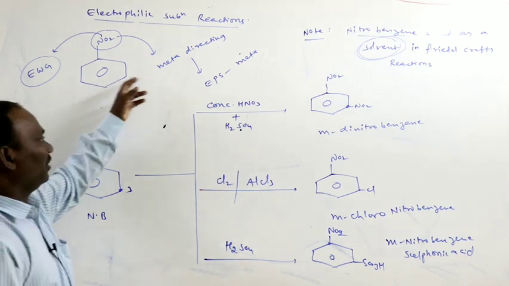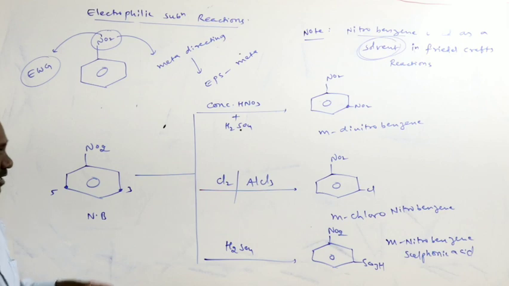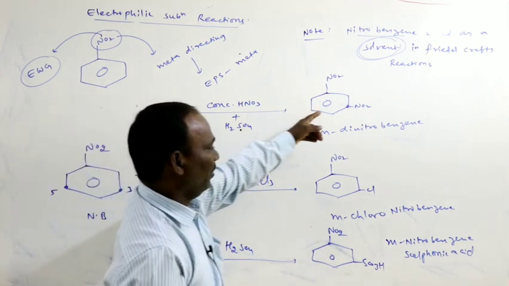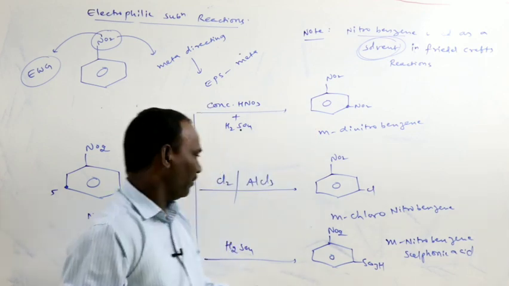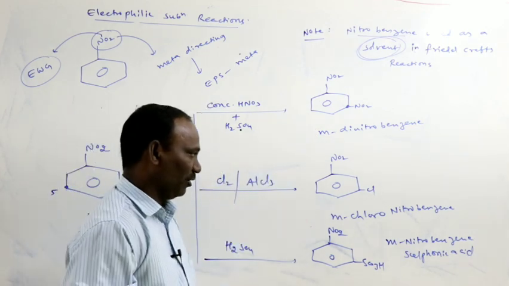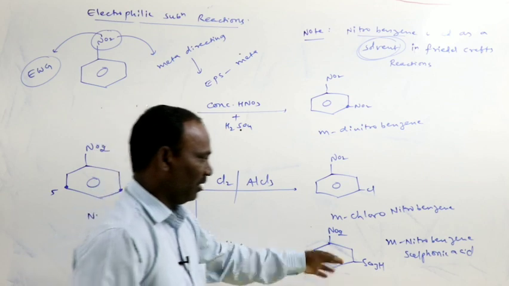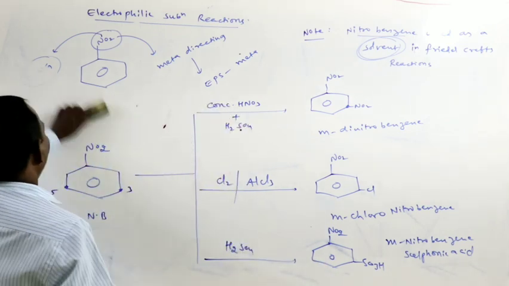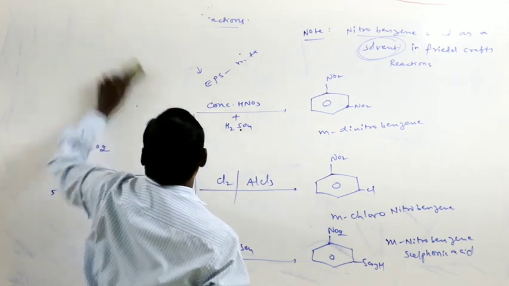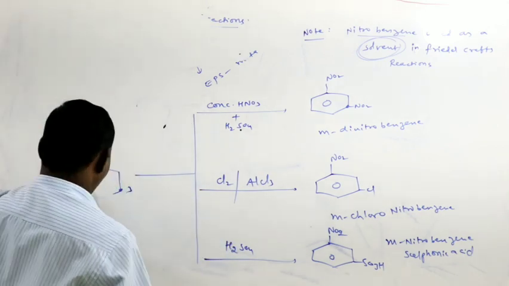So in this molecule, electrophilic substitution reactions preferentially take place at the meta position only. Therefore, in nitration, meta-dinitrobenzene; in halogenation, metachloronitrobenzene; in sulfonation, meta-nitrobenzene sulfonic acid. Okay, these are the electrophilic substitution reactions.